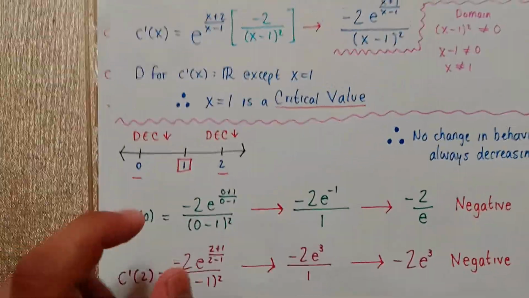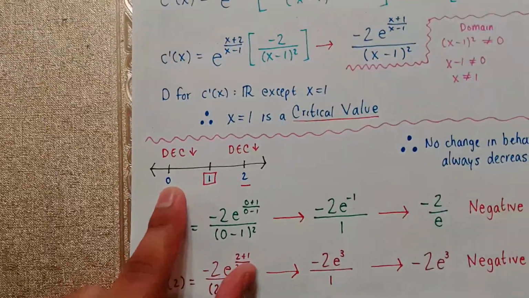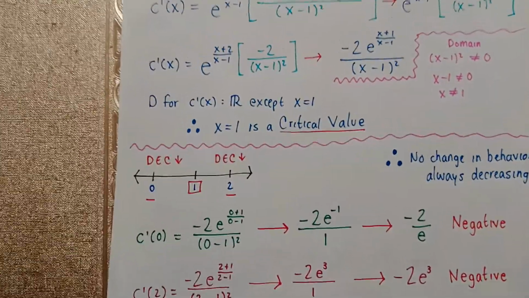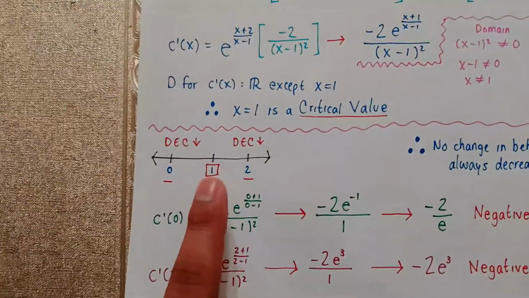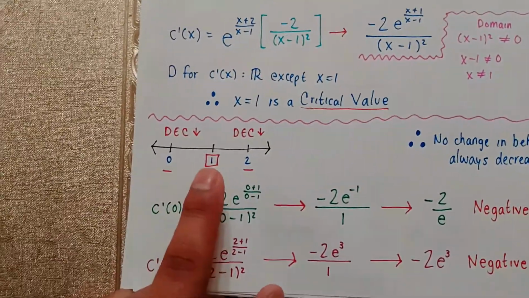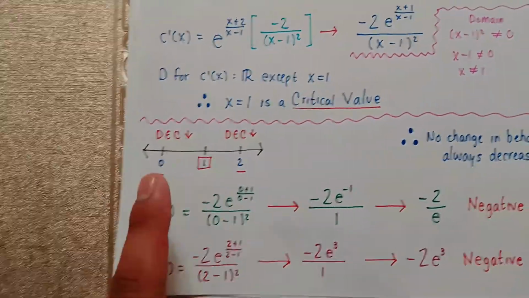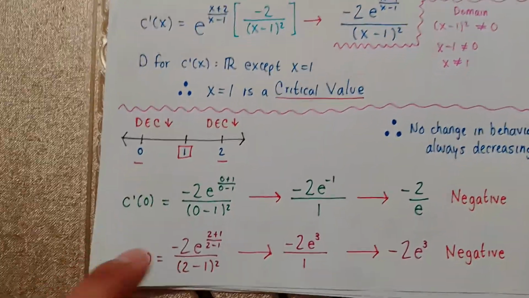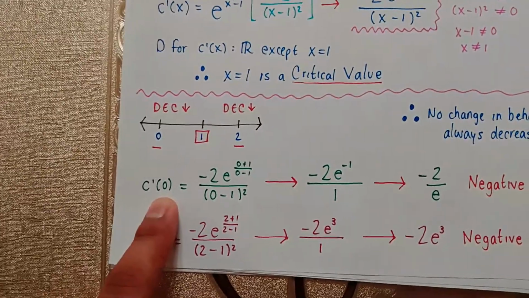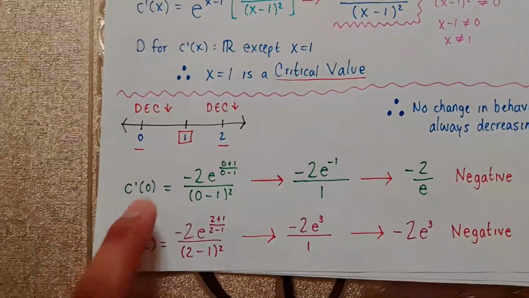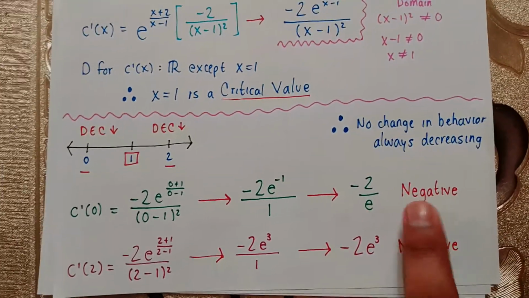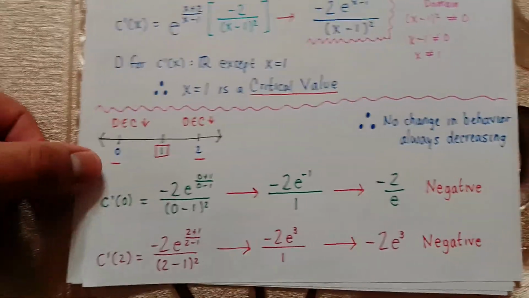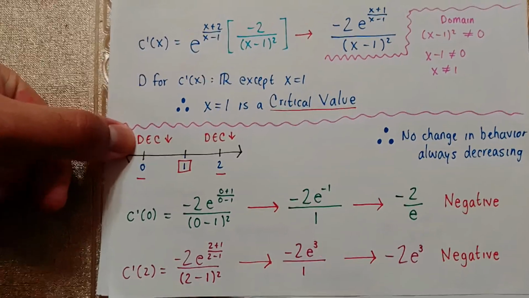Right here we're going to put it on a line summary, just to see what the behavior looks like. So we're going to put our 1 in the middle and have a couple values on each side just to see what the line is doing. We evaluate each value on our first derivative, so we set it to 0. Boom, boom, boom, boom. You can see you get a negative value, so it's obviously decreasing.